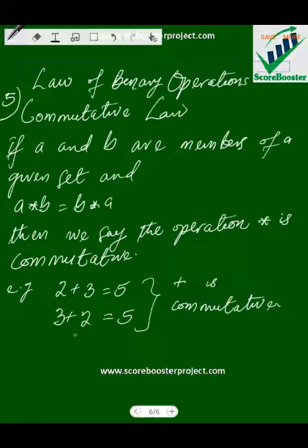What about this? 3 minus 2 is equal to 1. What about 2 minus 3? It's impossible, right? It's possible. Oh, it's possible. You know, in my primary school, we used to say it's impossible. So it's possible, it is minus 1, right?